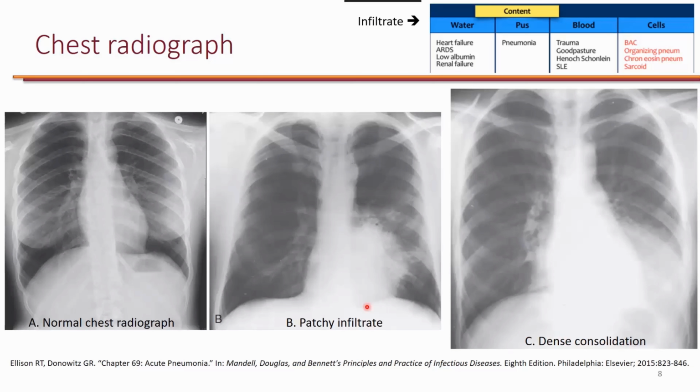Patchy infiltrate is usually due to either presence of fluids or viral infections or atypical organisms. And dense consolidation, as you can see in film C, is usually more likely to be due to non-atypical organisms such as gram-positive and gram-negative organisms.